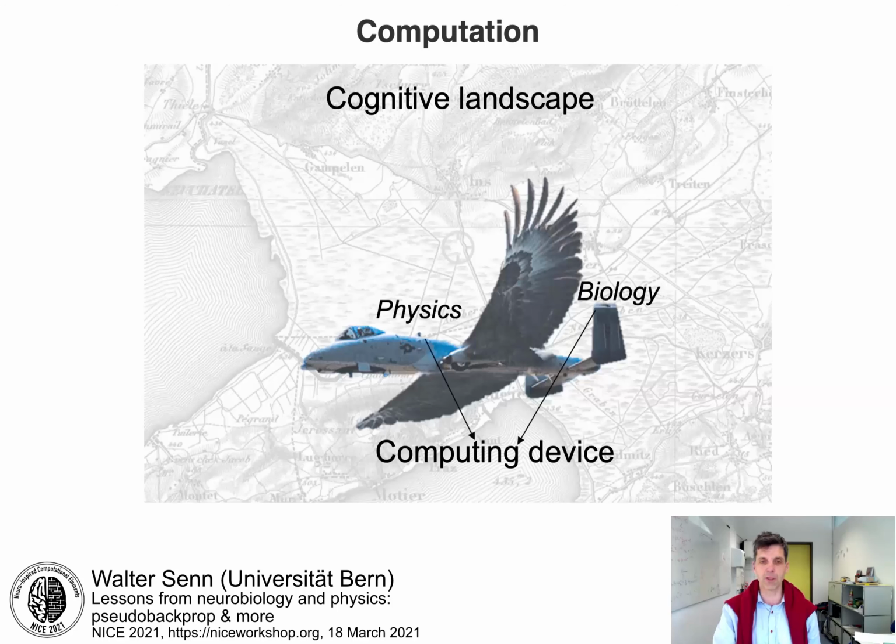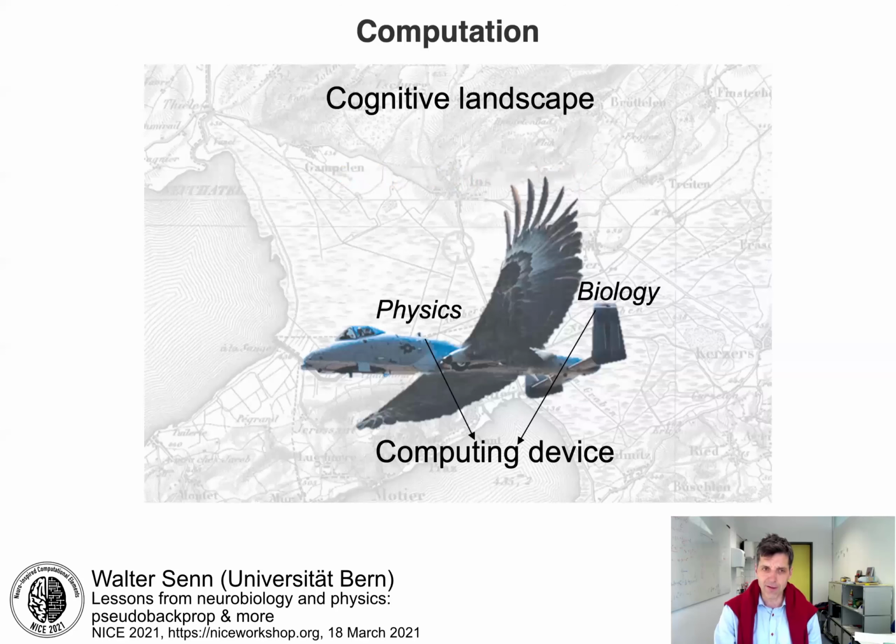And of course, this computing device, as we know, has physical inspiration and eventually physical embedding, but also biological inspiration, as we are always hearing. And the point is that eventually, we have to go down, gradient descent, this big eagle, is the thing that is helping us to do good modeling of cognition.